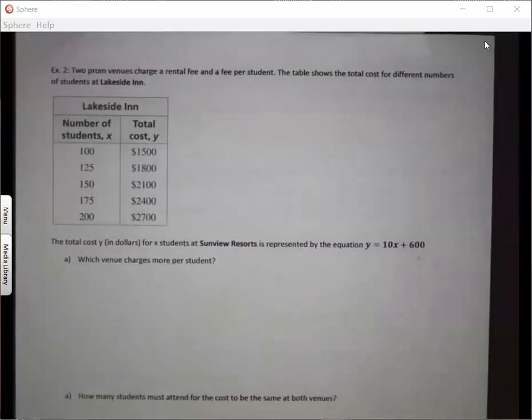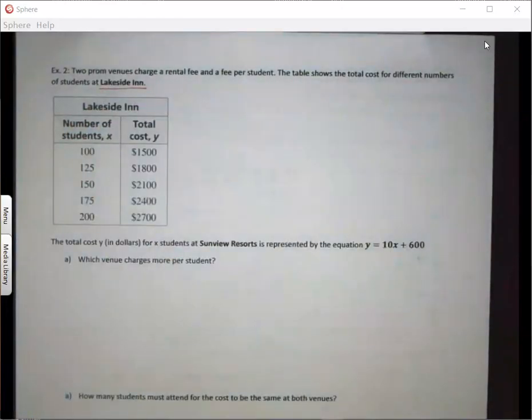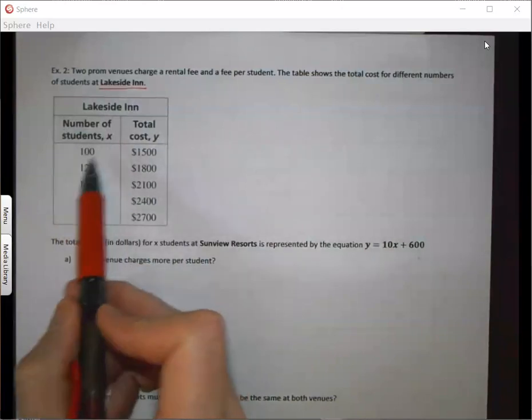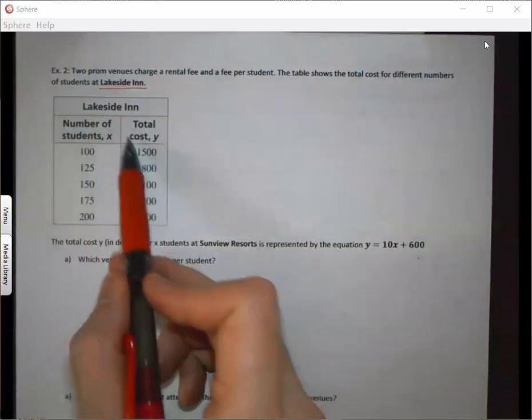Example 2. 2 prom venues charge a rental fee and a fee per student. The table shows the total cost for different numbers of students at Lakeside. So for Lakeside, this represents number of students, and this represents total cost.